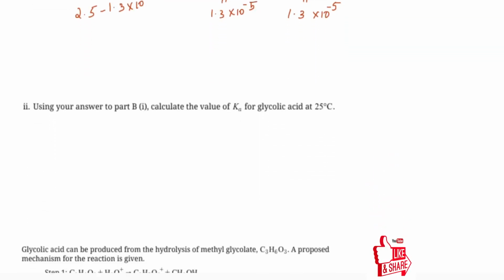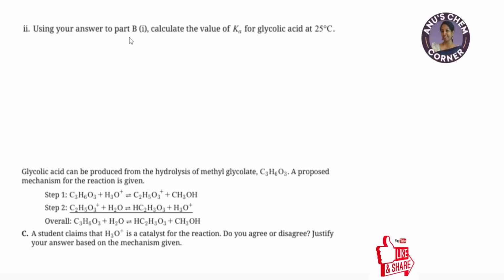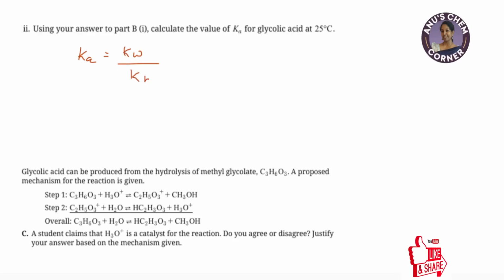Then the next part: using your answer to part B, calculate the value of Ka of glycolic acid. Kb we already found. Kw is equal to Ka times Kb, that equation is there, right? So you can calculate Ka by direct application: Ka is equal to Kw over Kb.